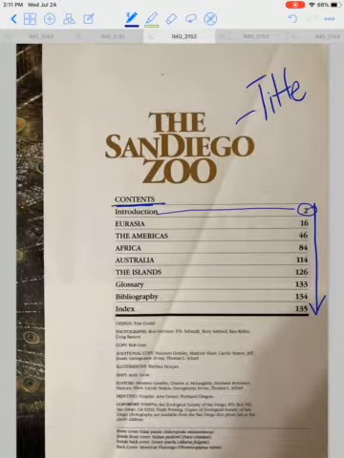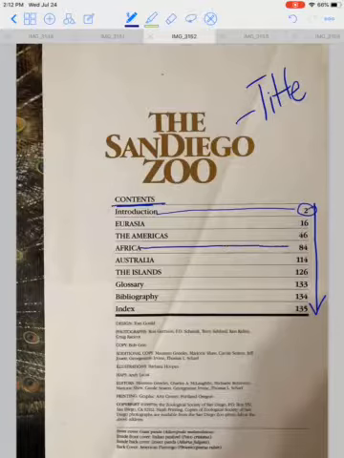So if I wanted to, I don't necessarily have to read this book beginning from the introduction. What if I said, I'm really curious about the San Diego Zoo, the part about Africa, I wonder what that's like. I could just go to Africa, and I can flip straight to page 84 and start reading about Africa at the San Diego Zoo.